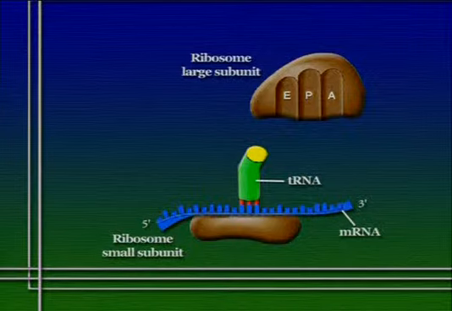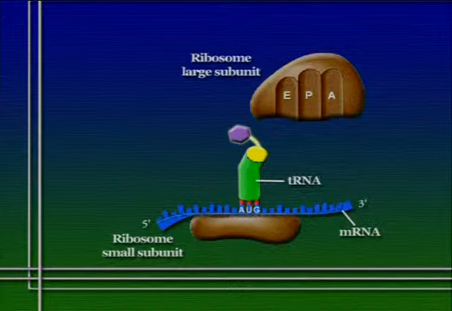You might guess at what that initiator tRNA is going to be specifying. It's going to have the anticodon that corresponds to the start codon in the genetic code, AUG, which codes for methionine. So the initiator tRNA is going to have a methionine attached to it.